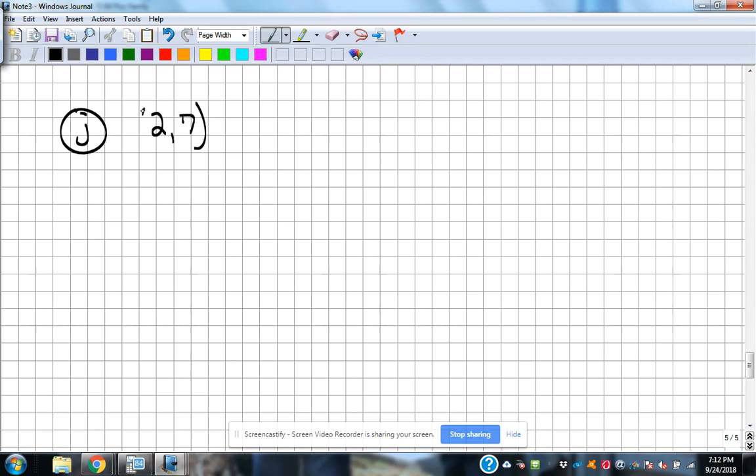(2, 7) and (2, -4). Slope formula, y2 minus y1 over x2 minus x1. Plug in your stuff. What y value do you want to start with?